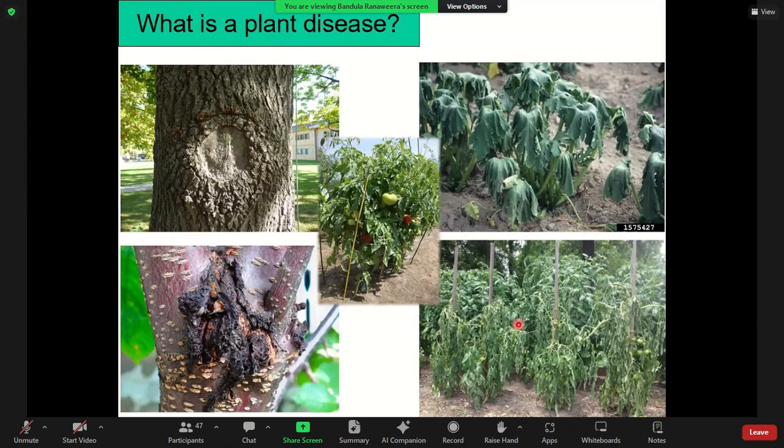What is the difference between compare these two? If we assume that these are tomato plants, normal plants, healthy plants, and these are tomato plants with a disease, what is the difference?